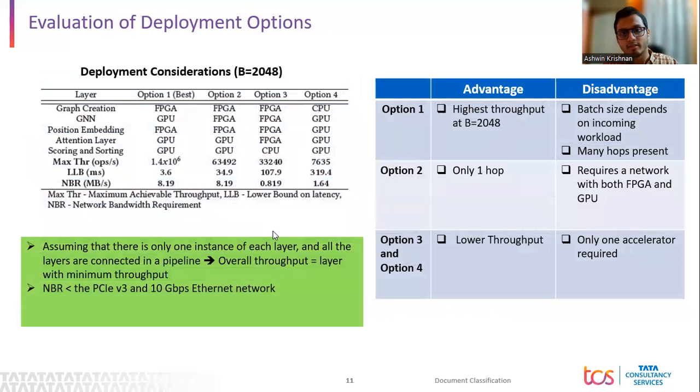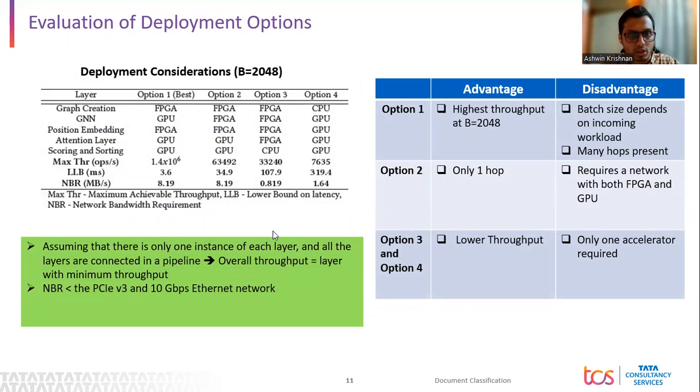Furthermore, hardware like CPU and GPU also depends on batch size, which again depends on the incoming workload. So taking the example of batch size 2048, we see that implementing the graph creation and position embedding layers on FPGA and the rest on GPU gives us the maximum throughput, assuming there is only one instance of each layer.